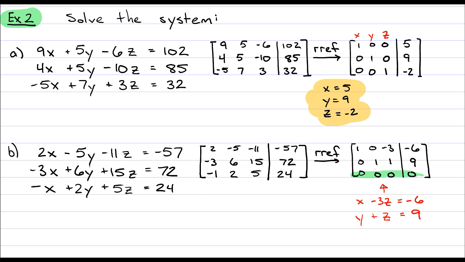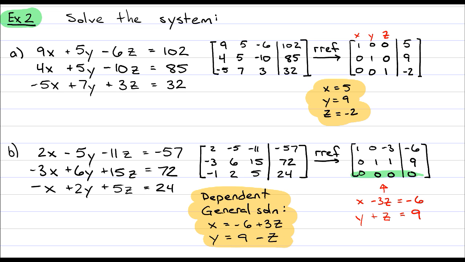So my answer here is going to be that the system is dependent with the general solution given by, I'm going to solve for x and y, and I get that x is equal to minus 6 plus 3z, and y is equal to 9 minus z. Okay, so this is the solution to part B.